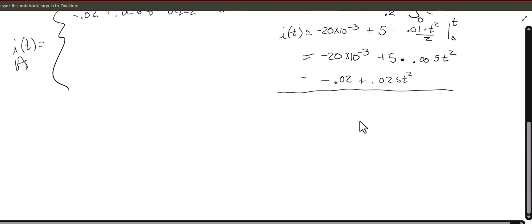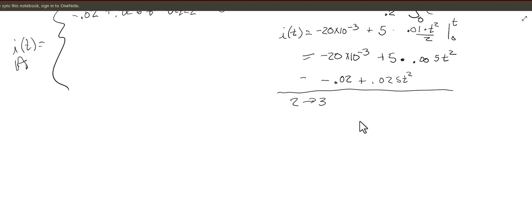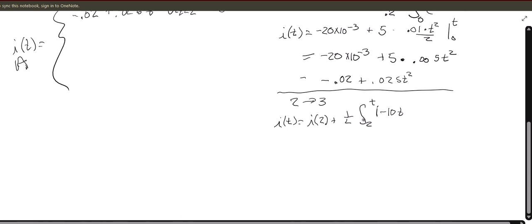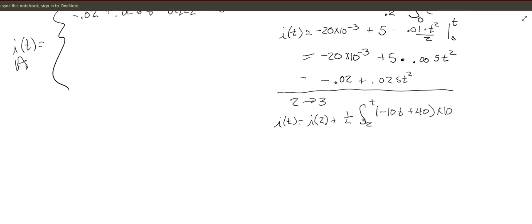Okay, so now we're going to do from 2 to 3. So in this case, I of t is going to equal I of 2 plus 1 over L times the integral from 2 to t, and then our function here was negative 10t plus 40 times 10 to the negative 3 dt.